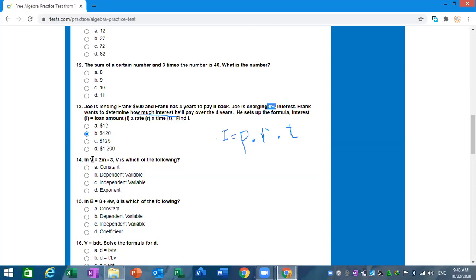Which means this one will be a dependent variable. But the independent one here will be M. And which one represents the constant in this question? Negative 3. Okay, so negative 3 represents the constant in this question.